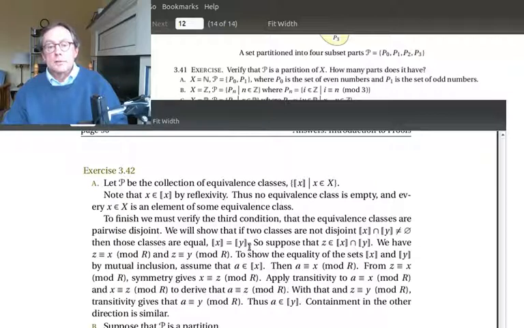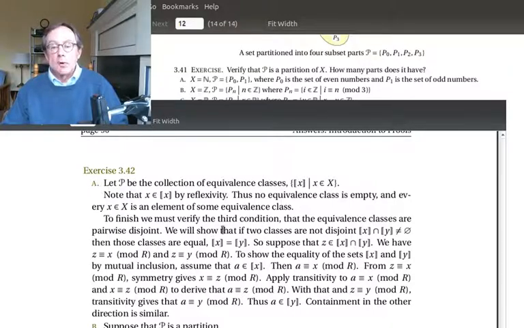So to show that something is a partition, you need to show three separate things. The first two are often very easy: to show that no part of the partition is empty, and that every element of the underlying set, every element of capital X here, is in some part. Those two are typically easy, typically reflexivity.